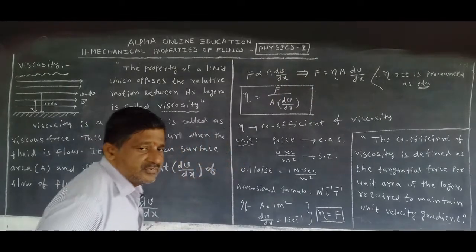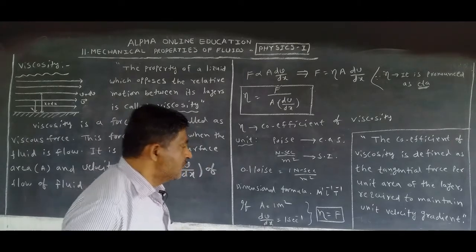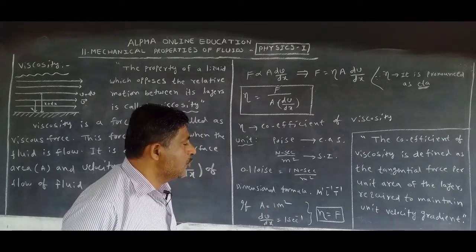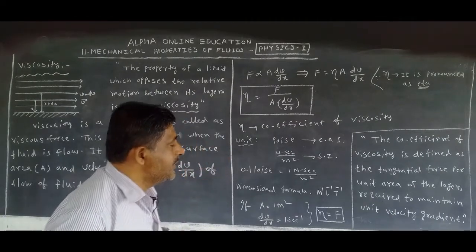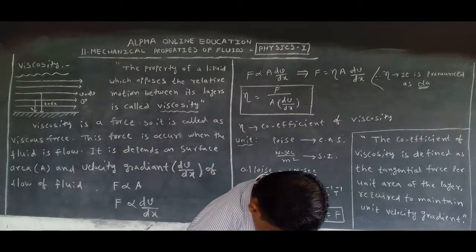The coefficient of viscosity is defined as the tangential force per unit area of the layer required to maintain unit velocity gradient. What is the definition of coefficient of viscosity? It is the tangential force per unit area of layer required to maintain unit velocity gradient. It is called the coefficient of viscosity.